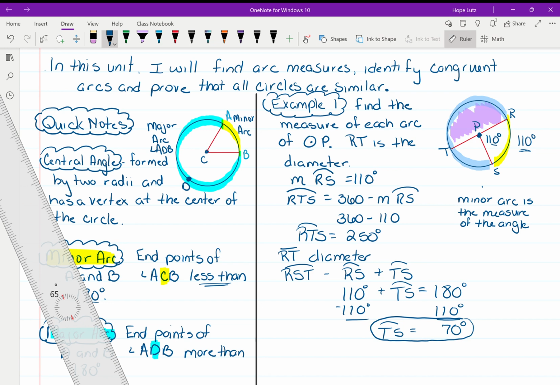So again, let's go through this. We found the minor arc is 110. We know that from R to T is 180. We know if we go from RST, it's 180. If we take 180 minus 110, that gives us 70.